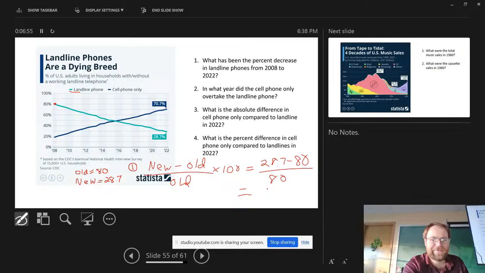That happens. 64.15%. And then out of curiosity, was there a negative in front of that? Okay. So with the negative there, that's just going to tell you direction. So if it's negative, it's going to be a decrease. So then if it was positive, that would mean an increase.